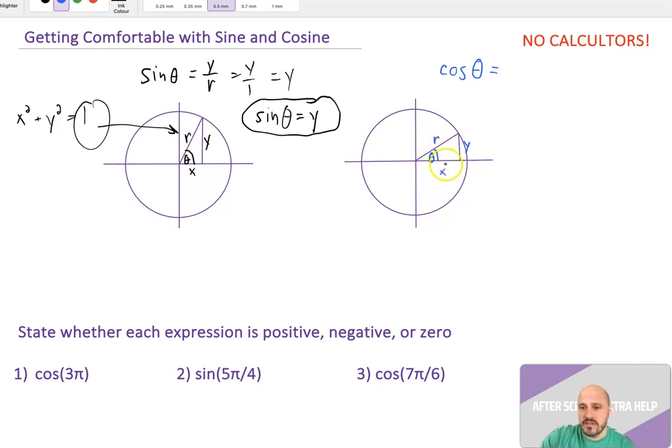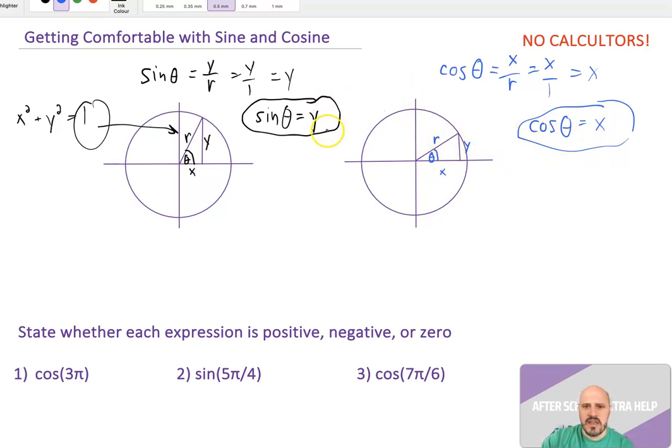My adjacent side is x and my hypotenuse is r. Again, on our unit circle I just have x over 1, which is just x. So I need to plaster into my brain for this unit and many others that the cosine of theta is x, because on our unit circle my radius is just 1.